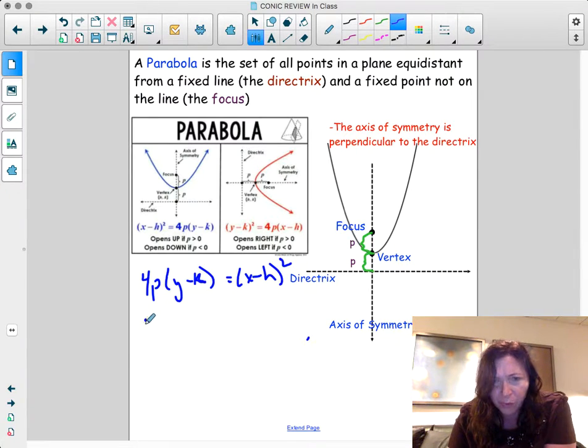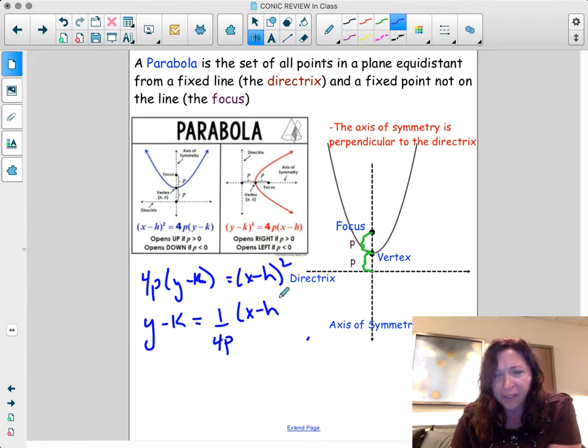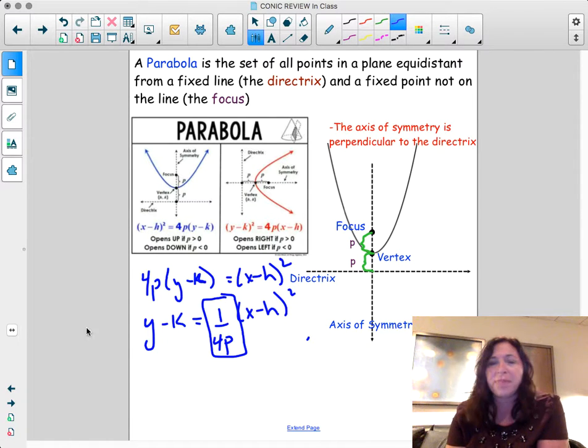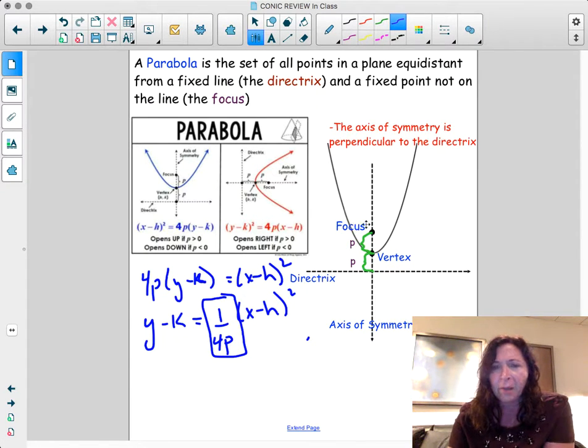However, I prefer to write my equation like this, 1 over 4p times the quantity x minus h squared. So I always write this value right here next to my squared term. That's something that will differ between teachers, but you can always write it in front here or like this. This also can be rewritten as an a term.